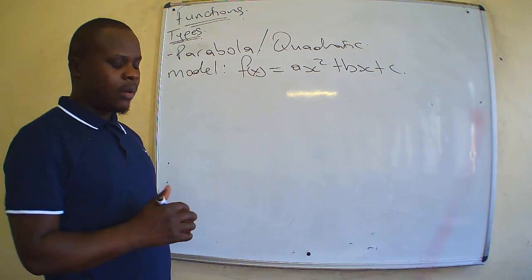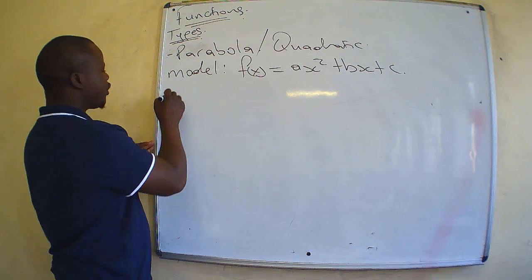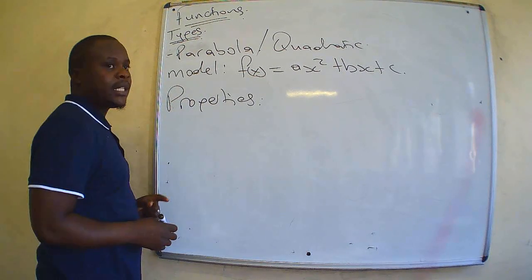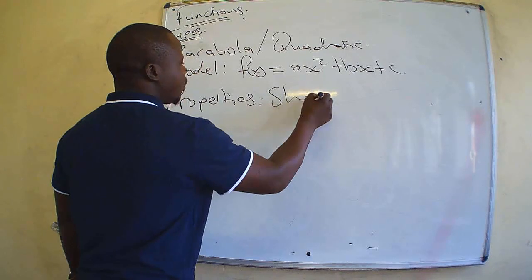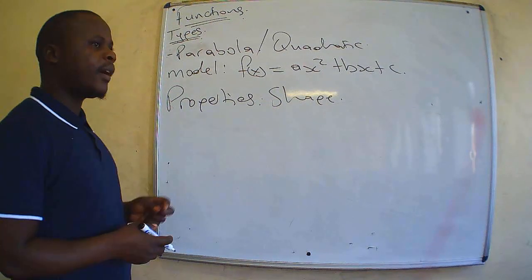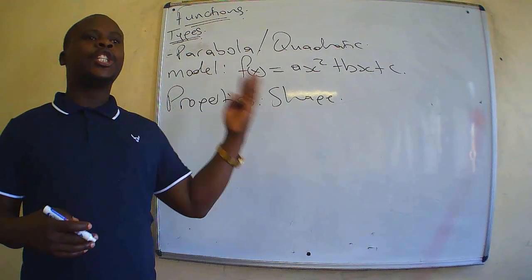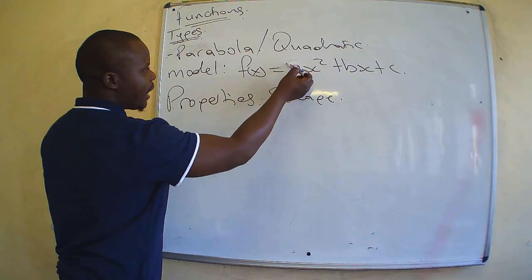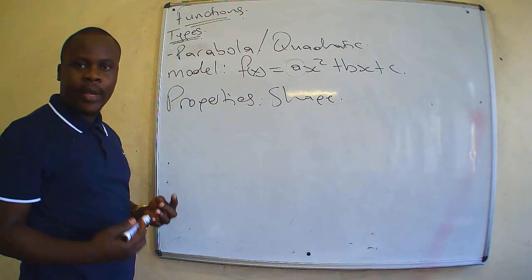So the first thing that I want us to go through is to just understand some properties. We shall start with a property which is about the shape, just the shape of this kind of functions. So first and foremost, the shape that I want us to look at in this case is to understand the behavior of a.